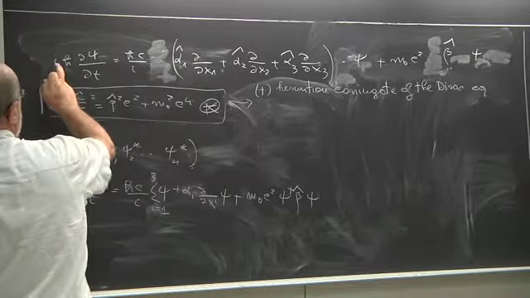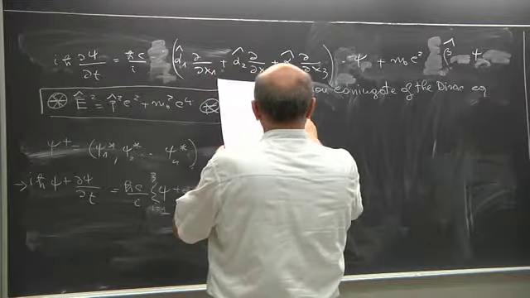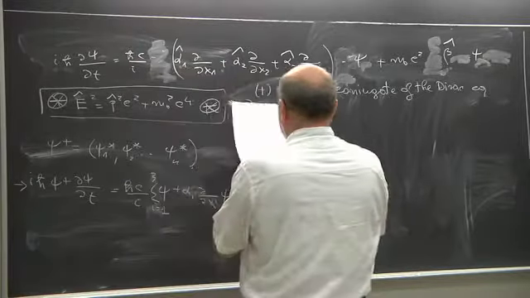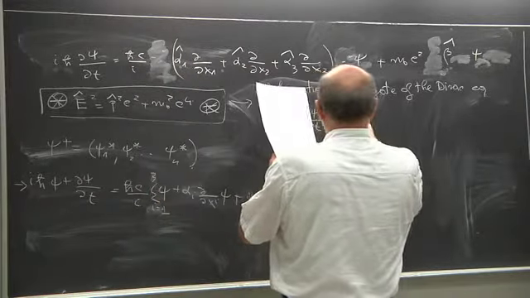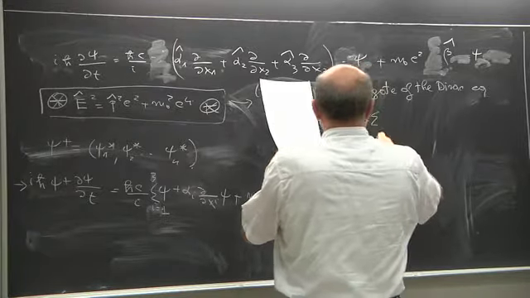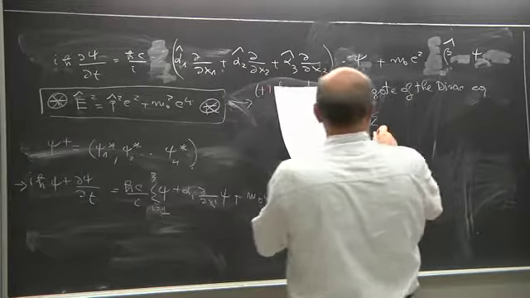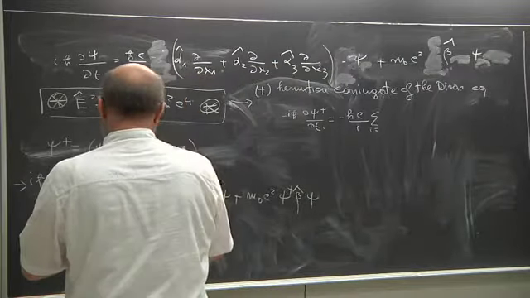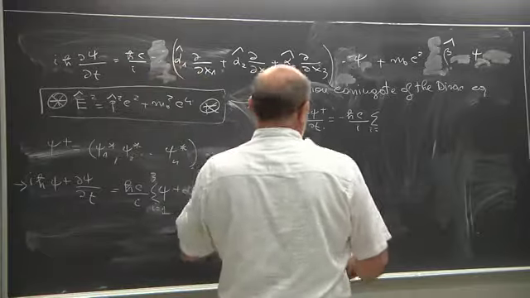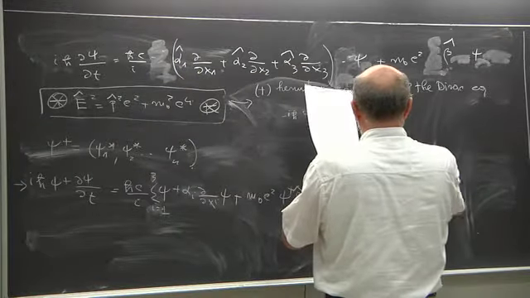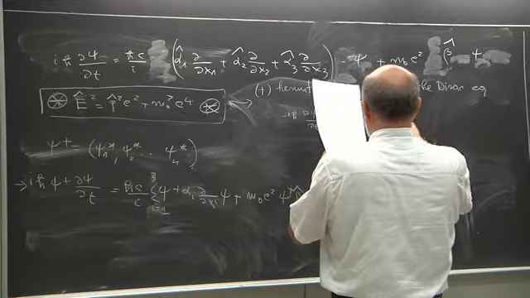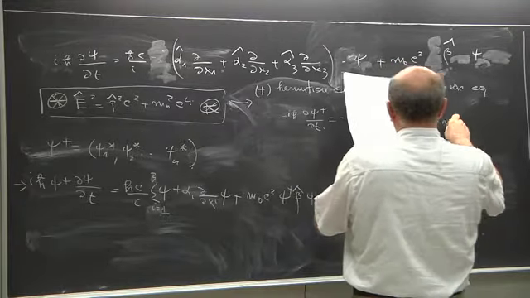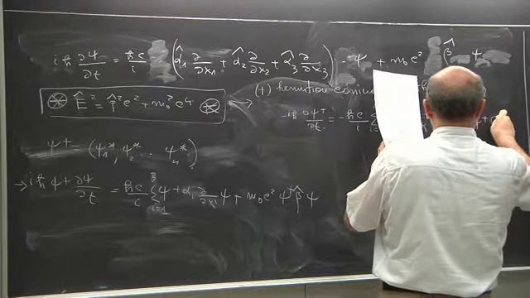So you get minus i h bar d psi dagger/dt, then the same here, equal to minus h bar c times sum over k from 1 to 3 of d psi dagger/dx_k alpha_k dagger, plus m_0 c^2 psi dagger beta dagger.